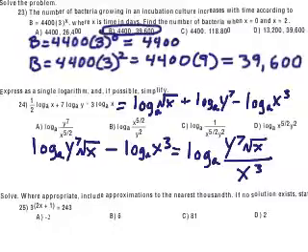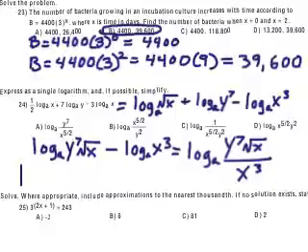Now it said to simplify these once we combine into a single logarithm. So what we can combine are those x's. So I'm going to rewrite this. So we have log base a y to the 7th power, and I'm going to make it x to the 1/2 power.